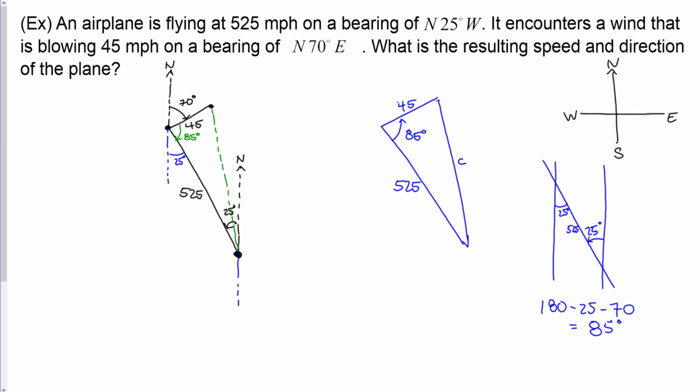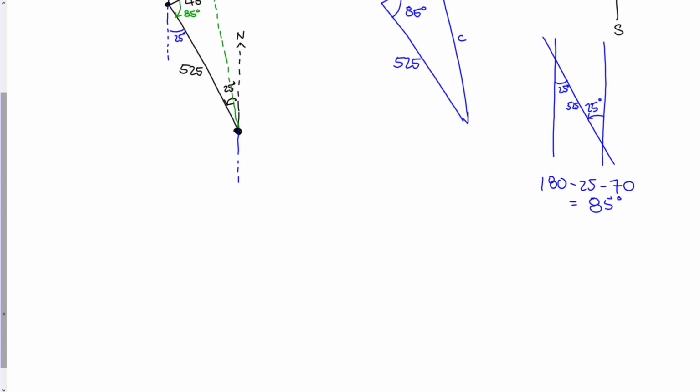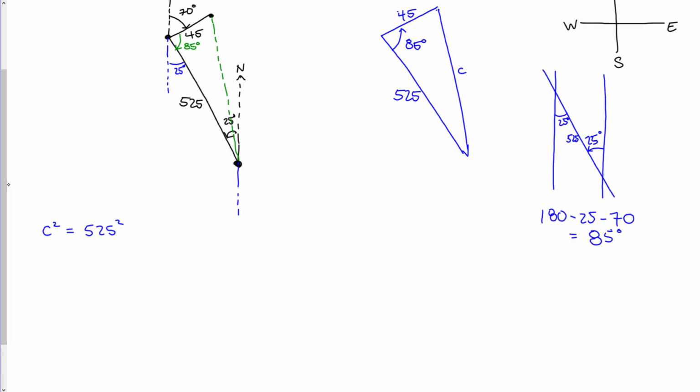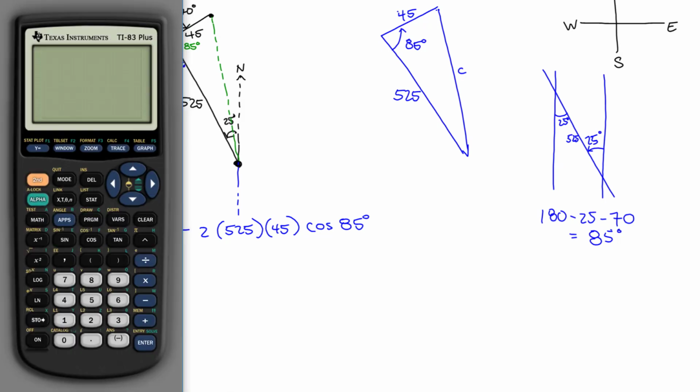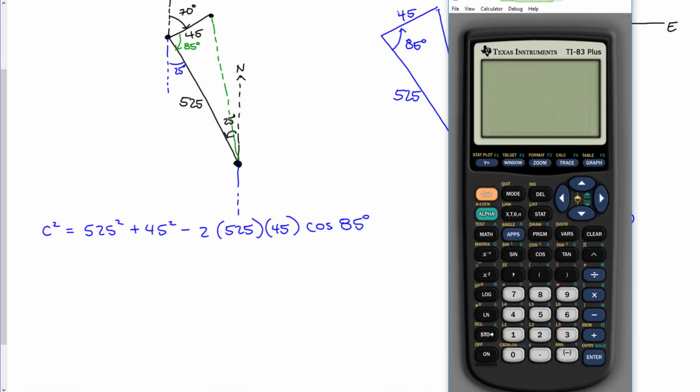Since I have my diagram still, I'll leave it up and solve down below using the law of cosines. So c squared is equal to 525 squared plus 45 squared minus 2 times 525 times 45 times the cosine of the angle between. I get the calculator out, bring it over here so it's not covering my work.